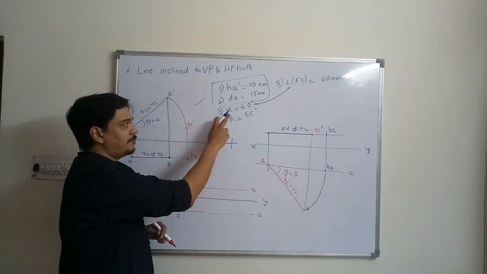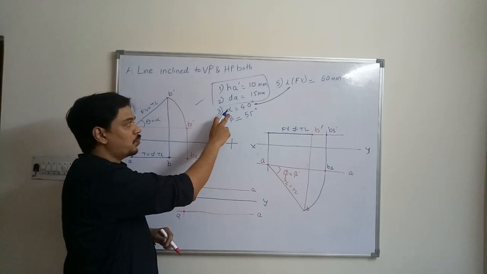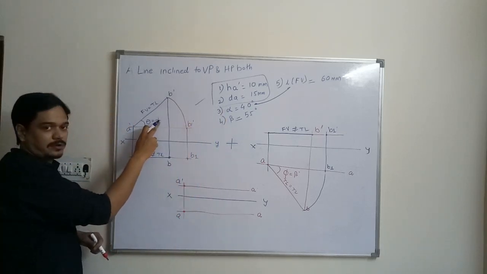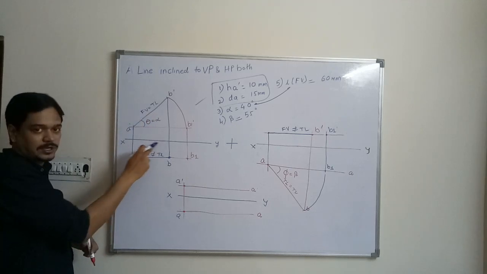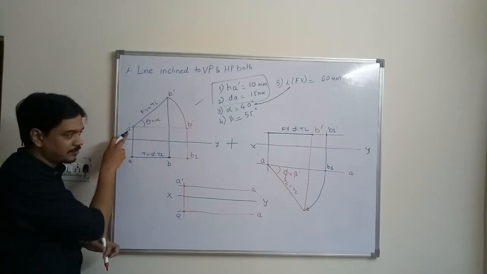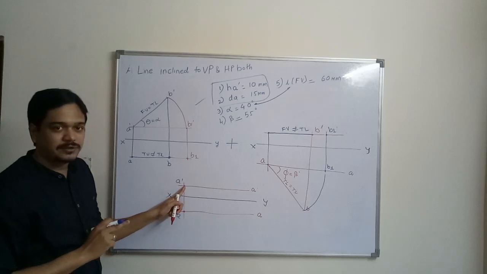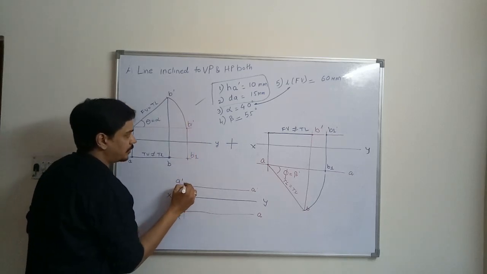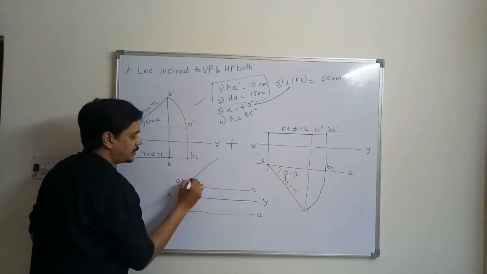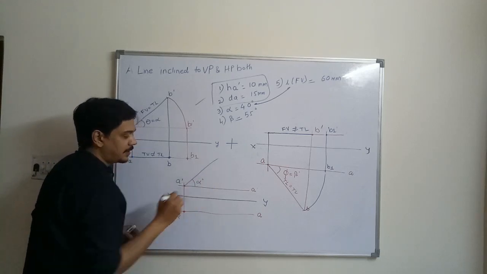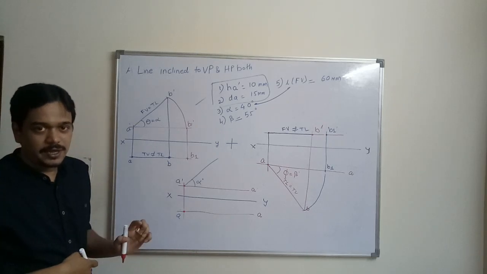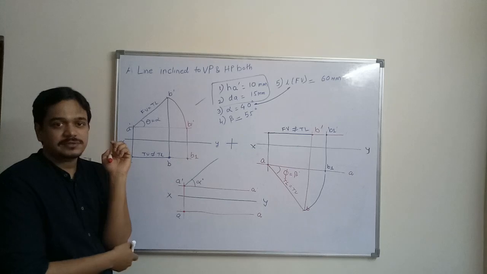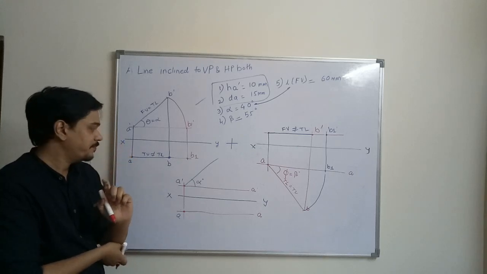Then alpha is the angle of front view with xy line, drawn from A dash. So you will draw at 40 degree from here, representing the alpha. In this case, alpha is not equal to theta because the line is inclined to both the planes, HP and VP.